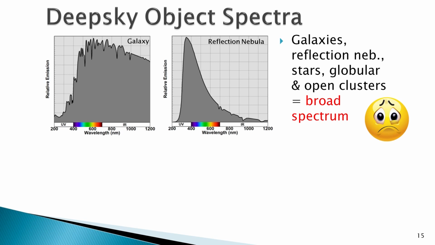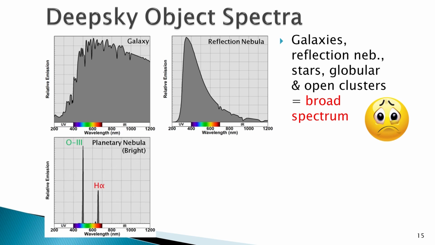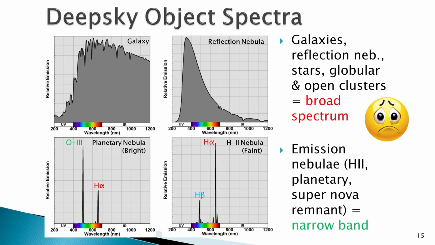The second category of objects are narrow band emitters. These objects include H2 regions, planetary nebulae, and supernova remnants. Any objects that we can see because of light given off by excited gases like hydrogen or oxygen. Because these objects emit at very specific wavelengths, they are much easier to separate from light pollution using a filter.